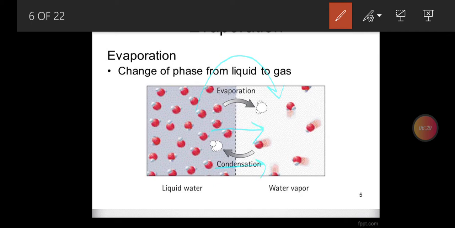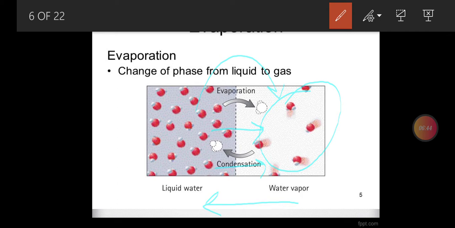As the kinetic energy increases, the molecules jump into the gaseous phase, and gases have large intermolecular spaces between them. But as soon as the temperature or the kinetic energy decreases again, these water vapors can condense back to the liquid state.